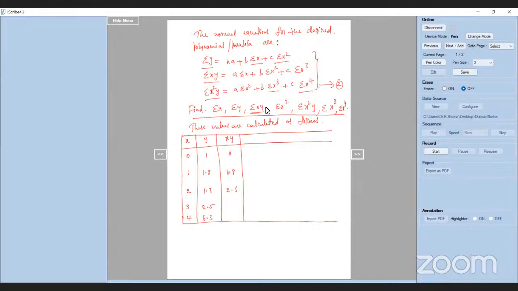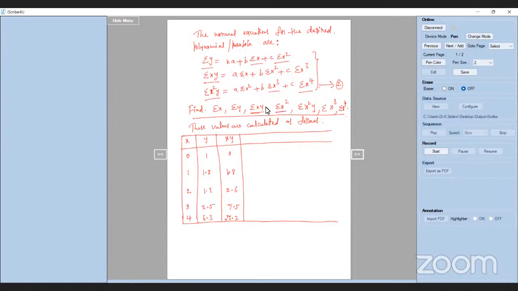Next, 3 into 2.5, 7.5. Next, 6.3 into 4, 25.2. Very good.